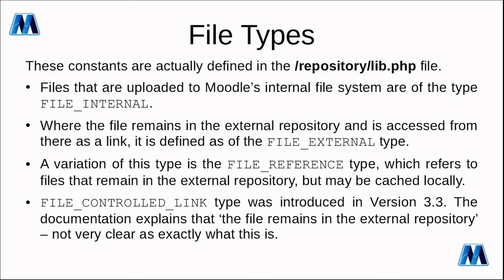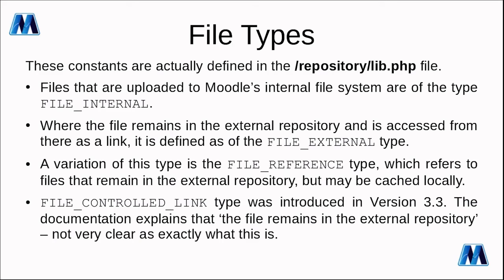Where the file remains in an external repository, the file stays out and is only accessed via link, then that's a file external type. And then there's a variation of the file external type in the file reference type, which still refers to a file that is not internal but can be cached locally.